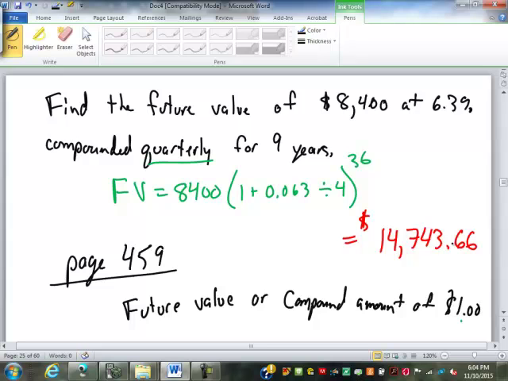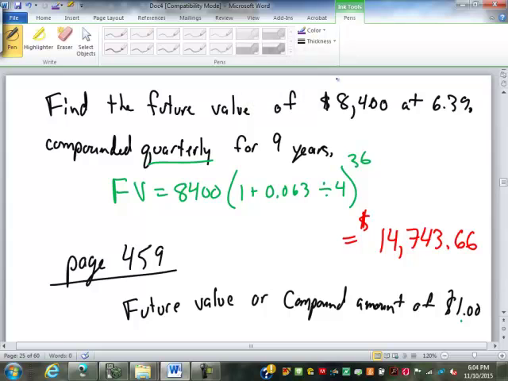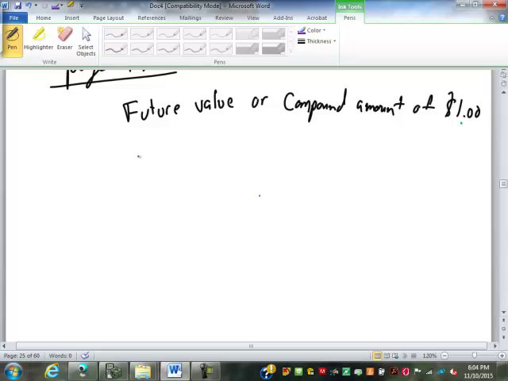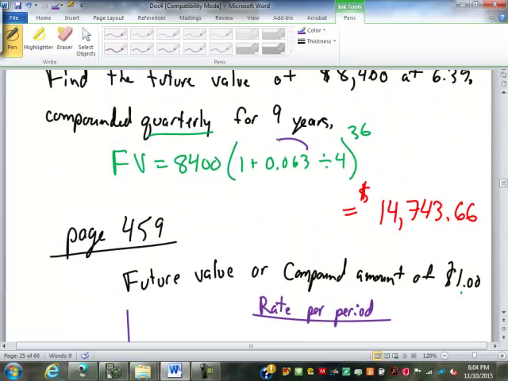What that is, for every dollar invested, what the future value would be under the circumstances in the table. And what the table lists on the top is what's called a rate per period. The rate per period is basically this number right here, the interest, the percent divided by the number of periods in a year. We'll do some examples of that in a little bit.